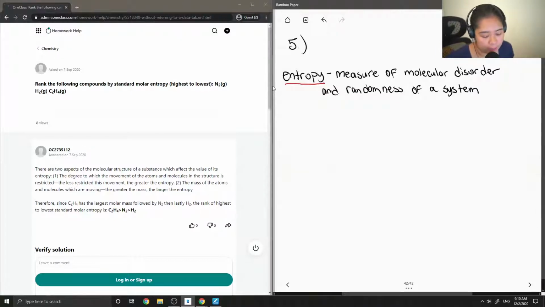So when you have a system that has a very high entropy value, this means that its forward reaction is spontaneous.